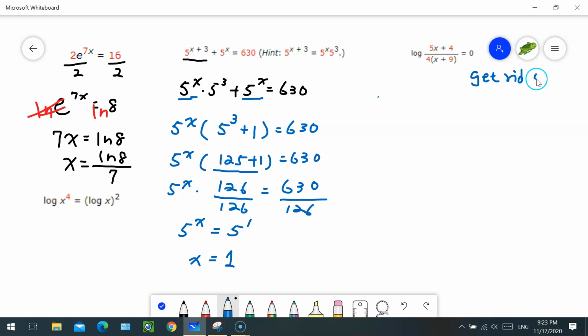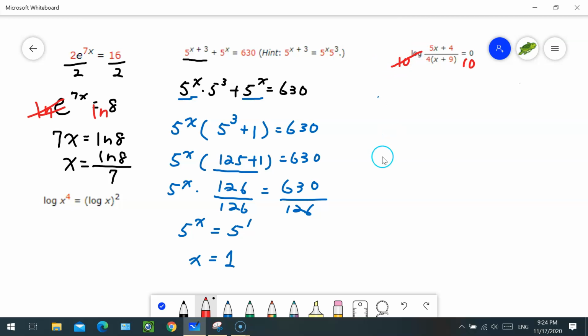Get rid of the log. Once the logarithm goes away, we will solve the equation much easier. So first thing, I'm going to raise up 10 because that's the only number we can use to get rid of the logarithm. There's no base here, that means it's 10.